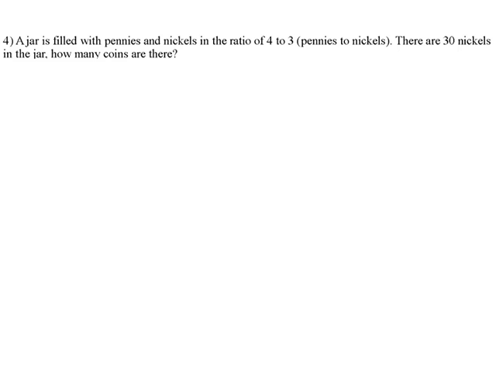Number 4. A jar is filled with pennies and nickels in the ratio of 4 to 3, pennies to nickels. There are 30 nickels in the jar. How many coins are there in all? Okay, well, we have 4 pennies to 3 nickels, and there are 30 nickels. So we can say that out of every 7 coins, 3 are nickels, and this is out of every 7 total, because 3 plus 4 is 7.